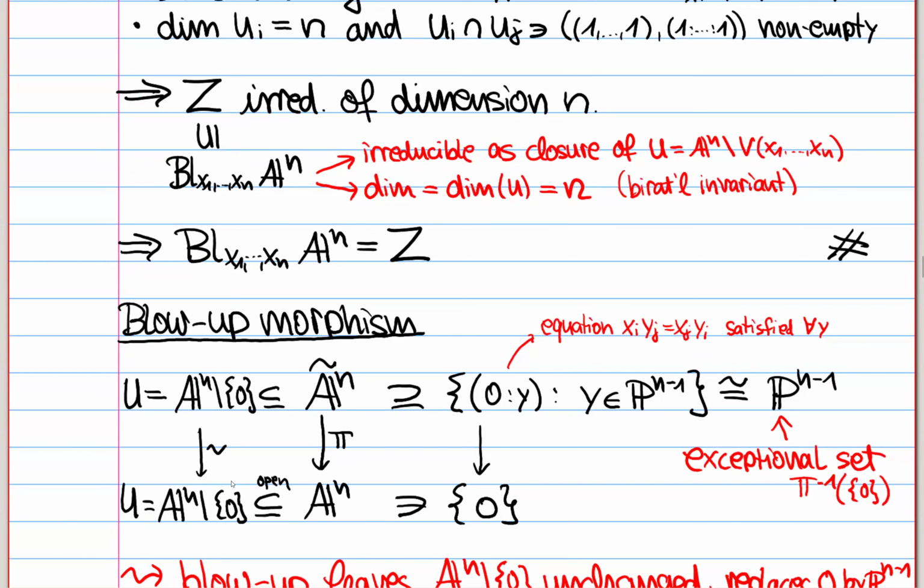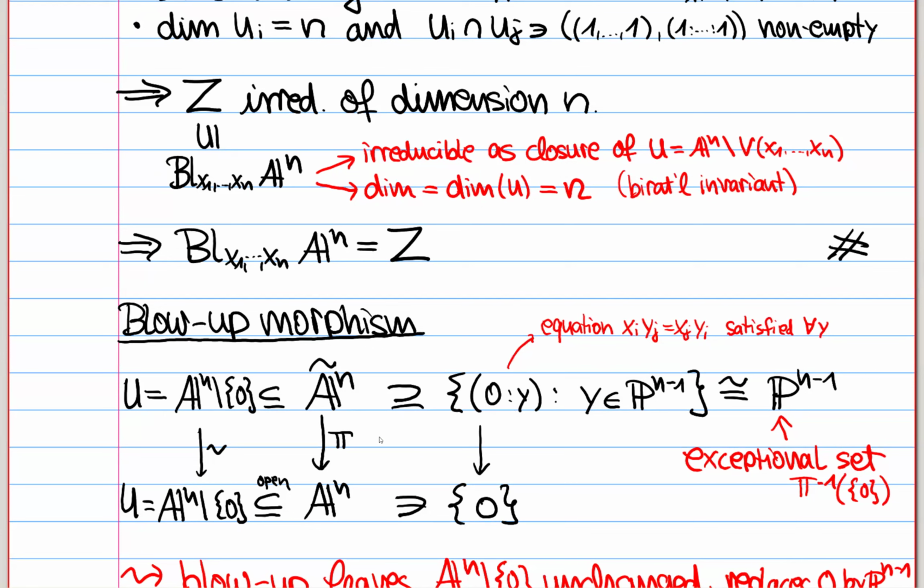So this also shows that this is a birational map. And then if you recall, we had this definition of the exceptional set. The exceptional set was just take exactly this vanishing locus of all the functions, so take the origin, and see what lies above it. What is the pre-image under the blow-up morphism?